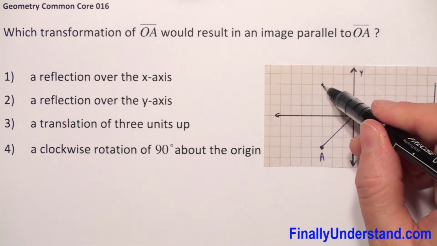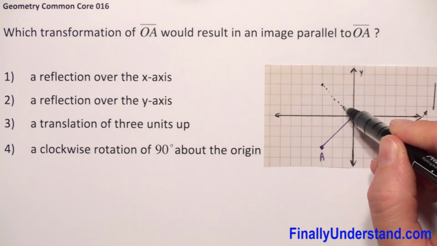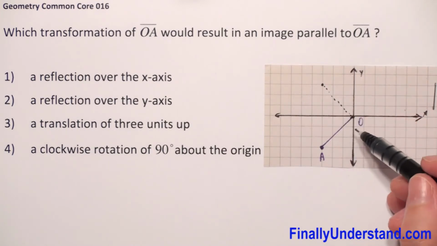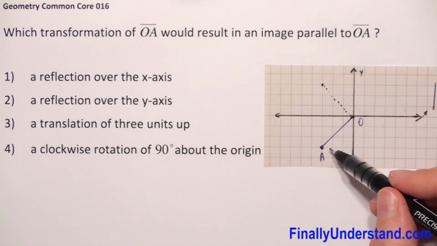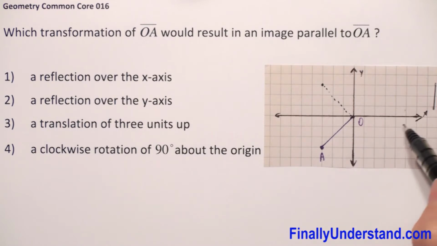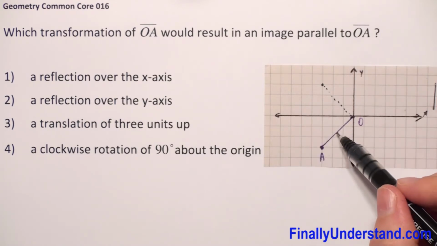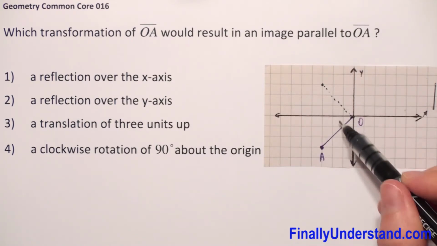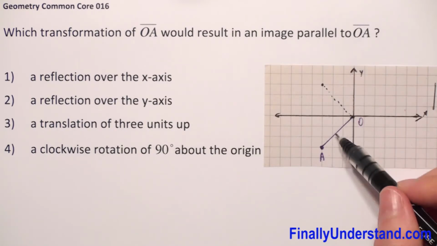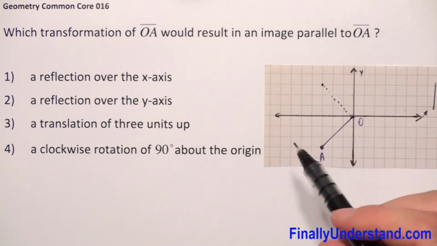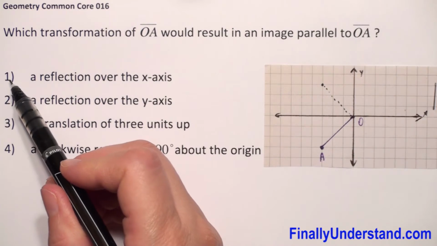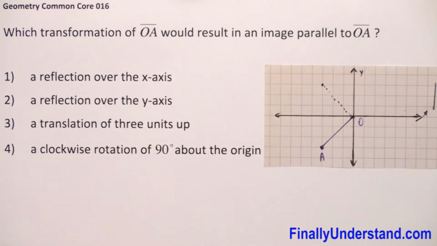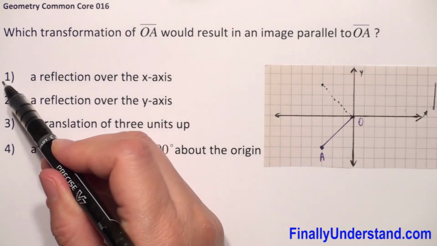Let's draw the dash. This is the image of our segment OA over the x-axis, and we see that these two segments are now parallel. So the first statement is not our solution.